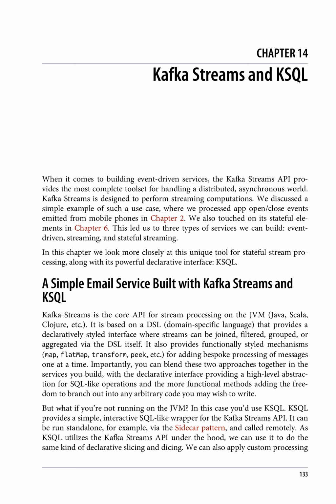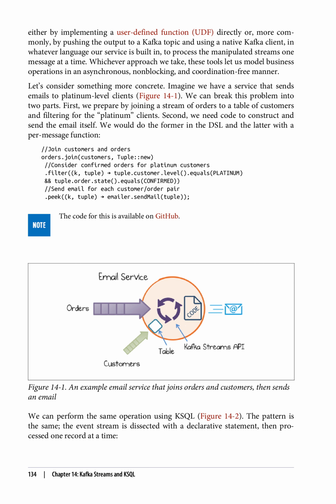We can also apply custom processing, either by implementing a user-defined function, UDF, directly or, more commonly, by pushing the output to a Kafka topic and using a native Kafka client, in whatever language our service is built in, to process the manipulated streams one message at a time. Whichever approach we take, these tools let us model business operations in an asynchronous, non-blocking, and coordination-free manner.